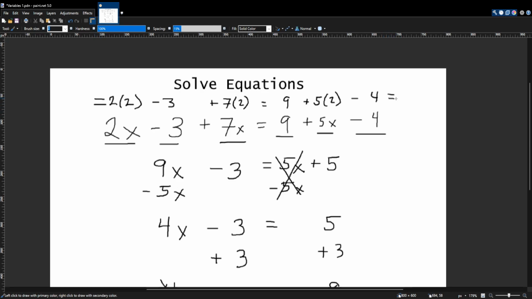Well, on the left side of the equation, 2 times 2 is 4, minus 3 is 1, plus 7 times 2 is 14, plus that 1 is 15. 9 plus 5 times 2: 5 times 2 is 10, plus 9 is 19. Subtract 4, and you get 15. Any other value of x would give you different numbers on either side of the equation.